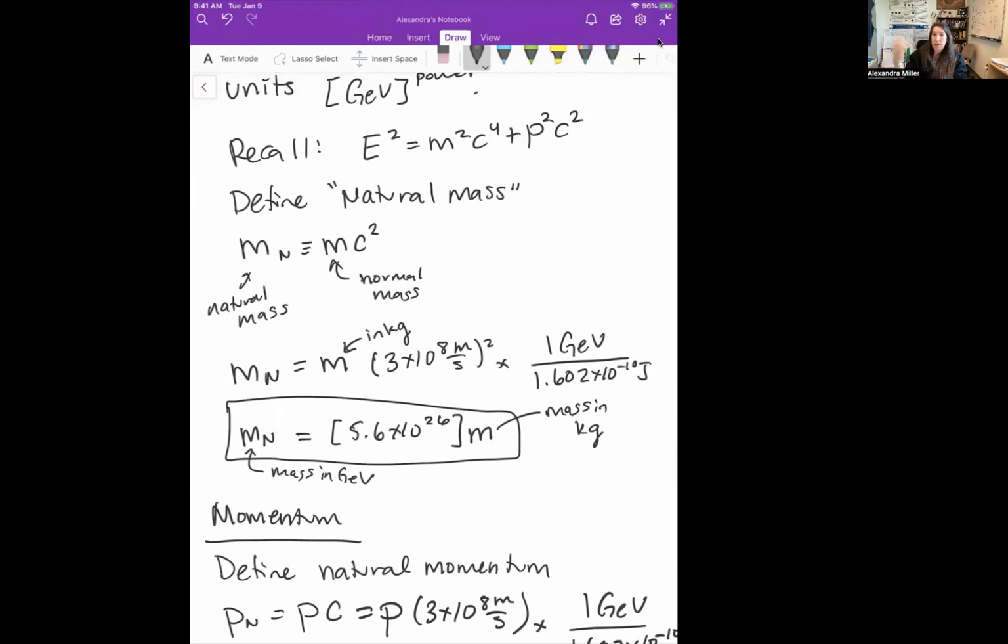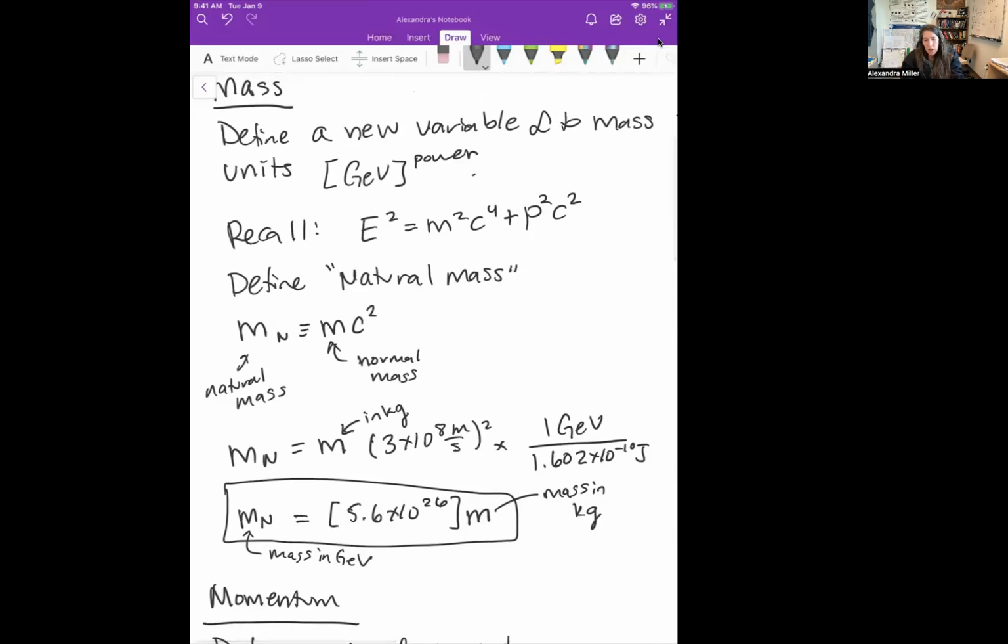And so I would recommend keeping all these numbers with you so that you don't have to reinvent the wheel every time. Instead, if someone hands you the mass and says, hey, convert this to natural units for me, and they gave you that mass in kilograms, you just know to multiply it by 5.6 times 10 to the 26. If they gave you the mass in grams or something else, of course, you would first do a normal unit conversion to kilograms and then multiply it by this number. And that's going to give you the mass in natural units as measured in GeV.